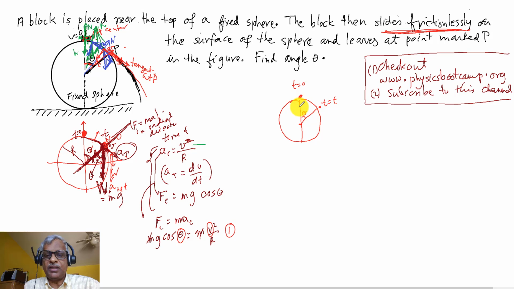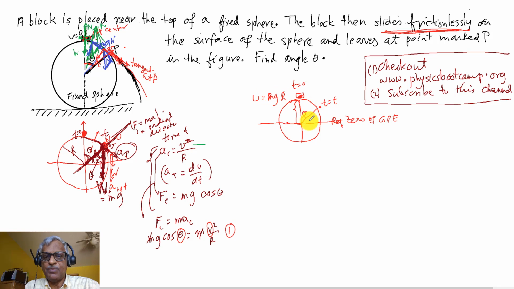So if I say that's going to be 0 of gravitational potential energy, that's going to be the reference. Then when it's over here, the potential energy will be mgr, since the distance is r.